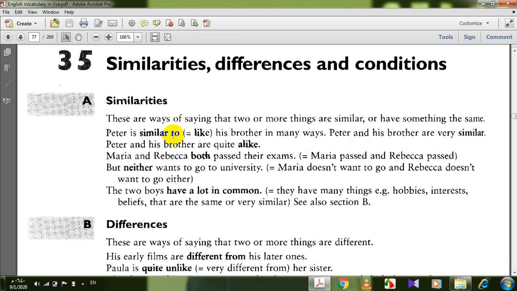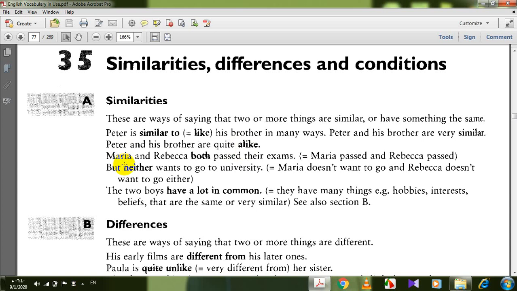They are alike. Peter and his brother are quite alike.